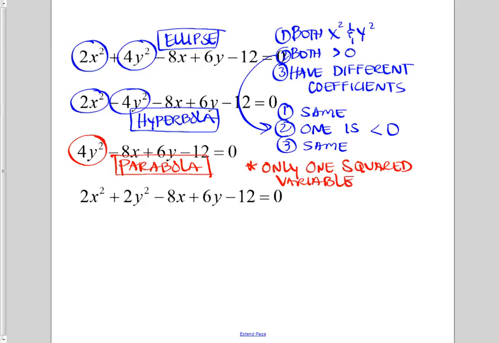And then for this last one, I can see that it actually meets all of the requirements for an ellipse. I have both x squared and y squared.